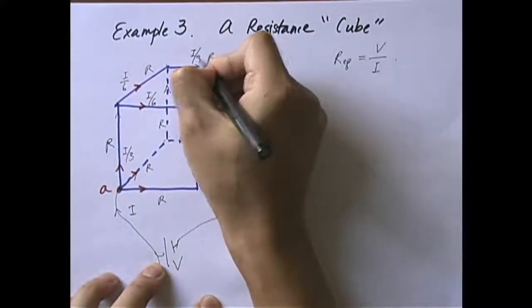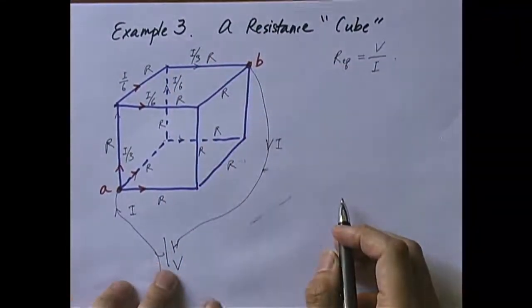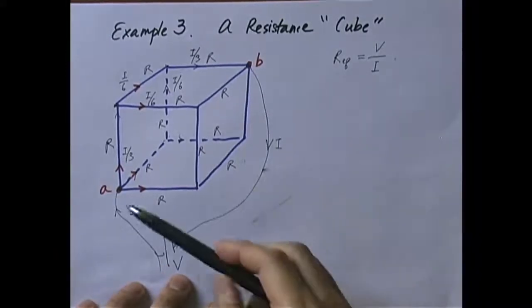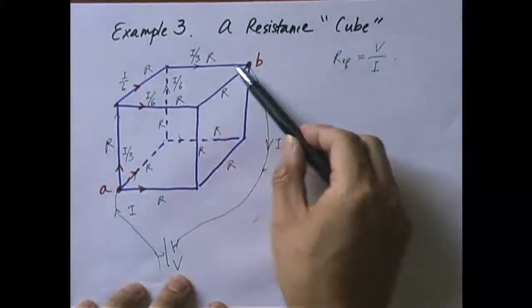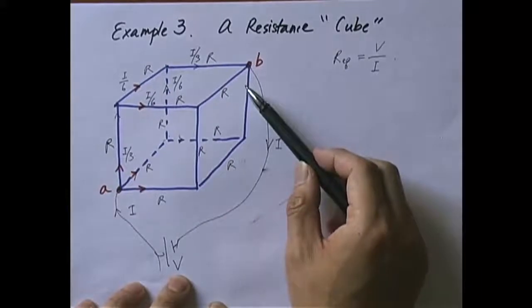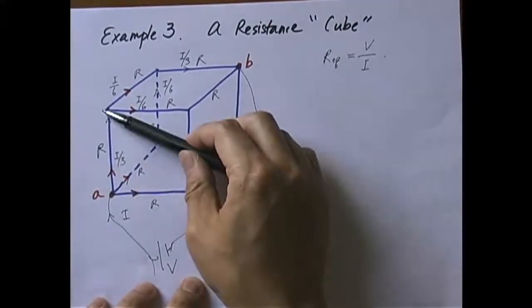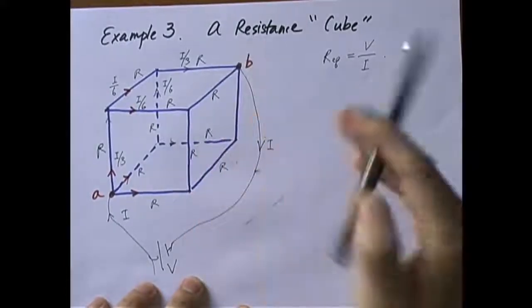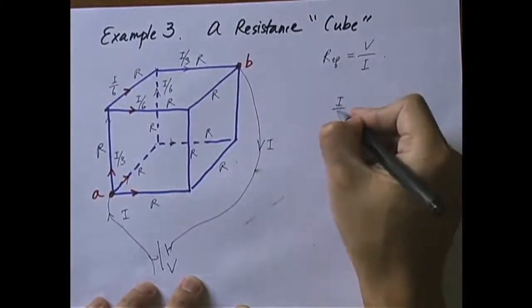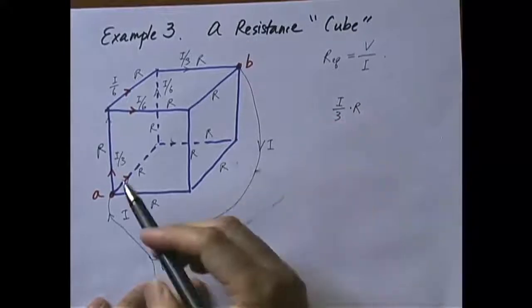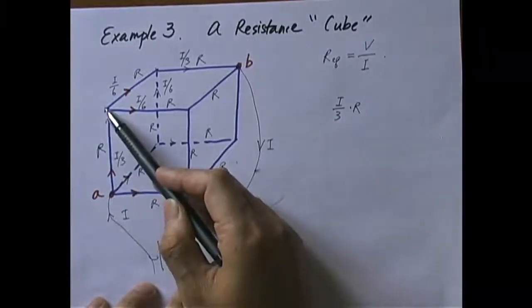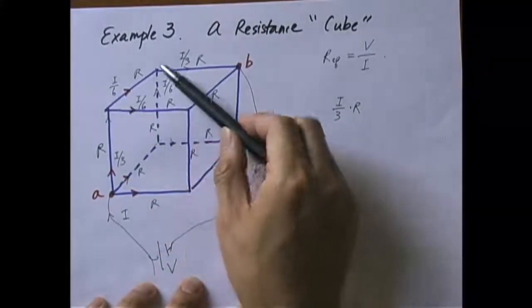I over 3. Okay, now, suppose I follow a certain path, let's say this particular path, leading from A to B. Okay? What is the voltage drop between here and there? By Ohm's law, it is equal to I over 3 times R, right? V equals IR. And then what is the voltage drop between here and there?